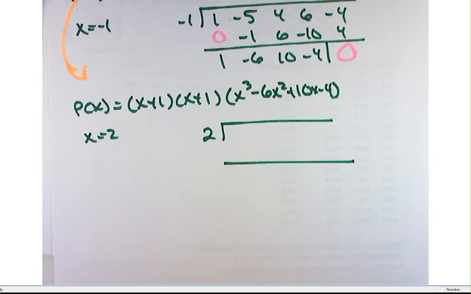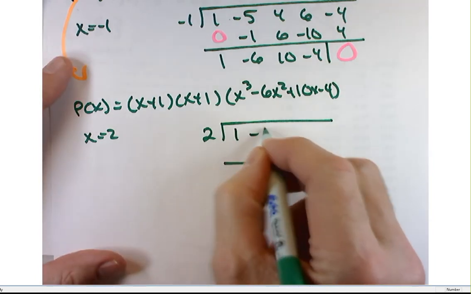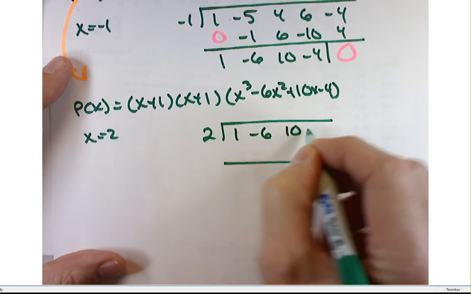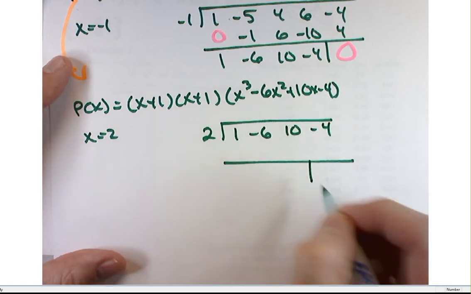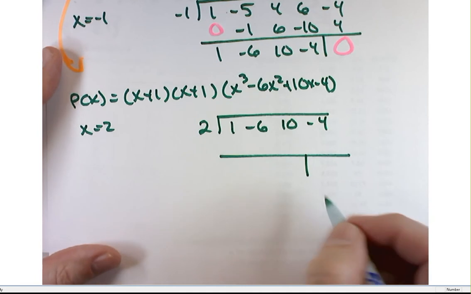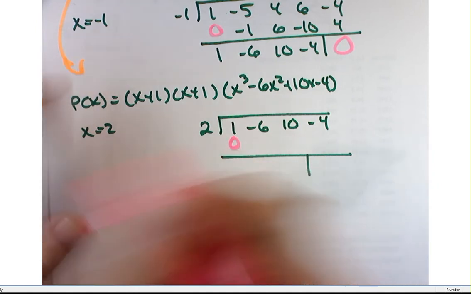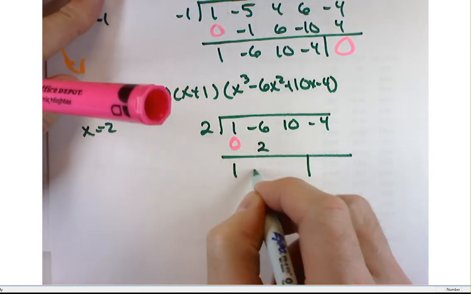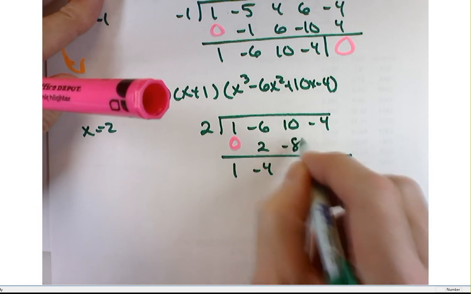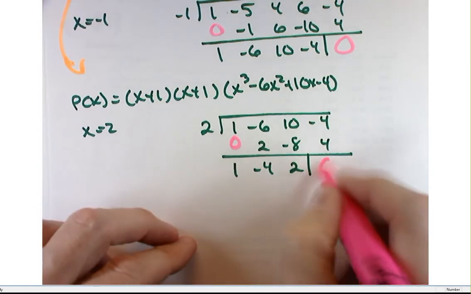What should I put underneath here, please? 1, -6, 10, and -4. Perfect. Add going down. 1, 2, -4, -8, 2, 4, and 0.